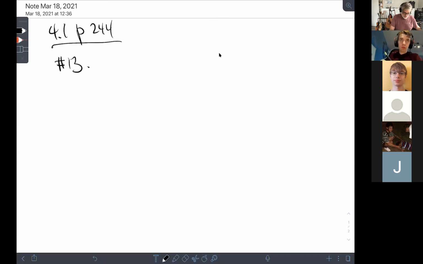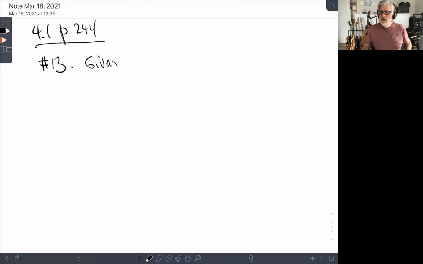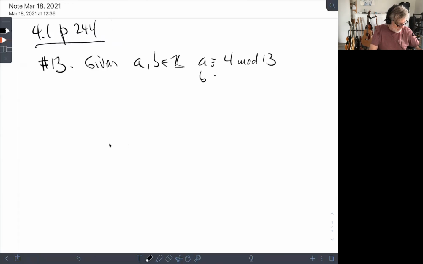So number 13, we are given, sorry, two integers, a and b, and we are told that a is congruent to 4 mod 13, and b is congruent to 9 mod 13.